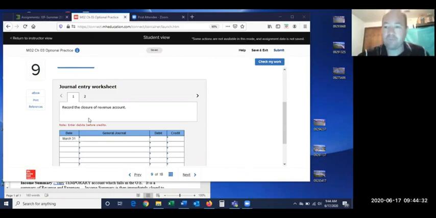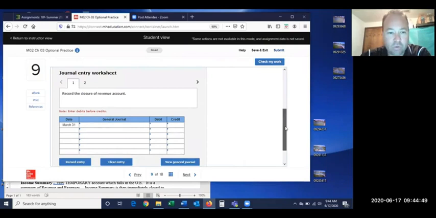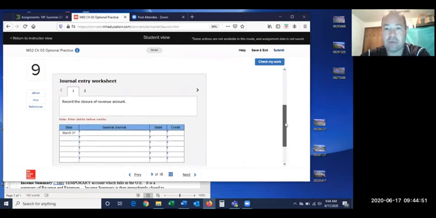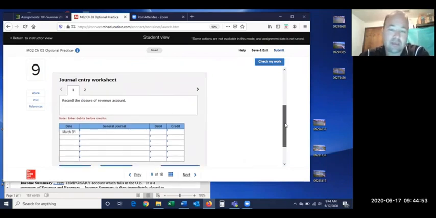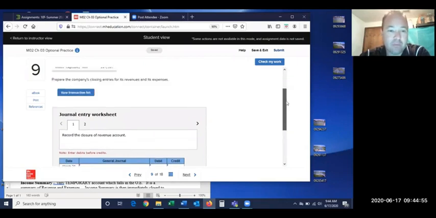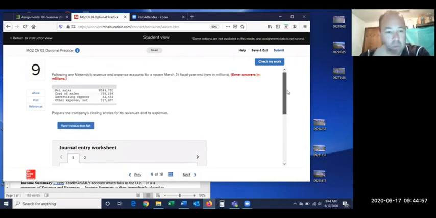So the first thing here, none of the exercises in the practice do a real good job of the closing entries nearly as well as what we just did in our part 1, where we looked at closing out Dr. K. So this one only has us do closing out the revenue and expenses. So basically 2 of the 4 steps. So that's not as good, but we'll do as much as we can.